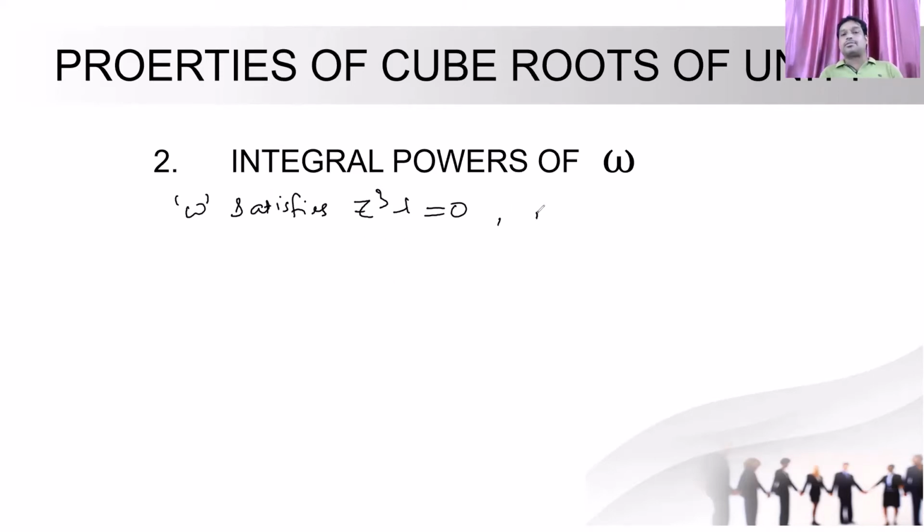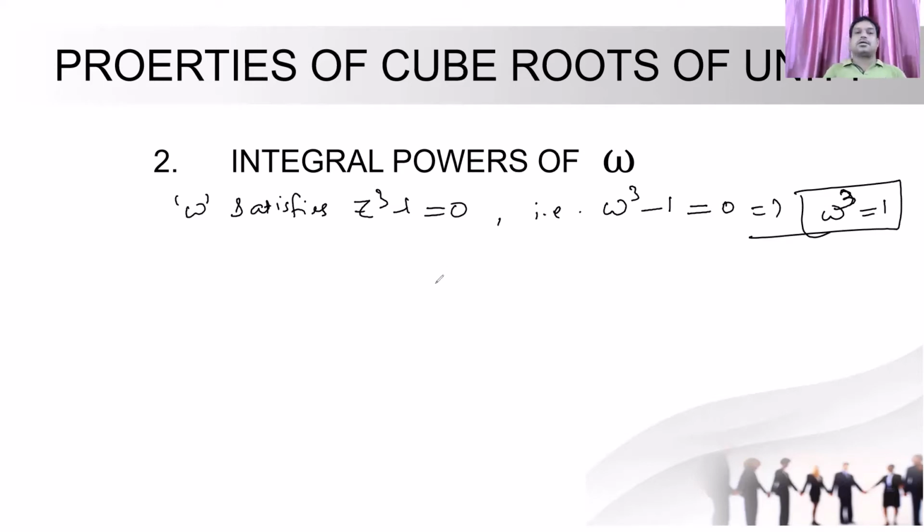That means if in place of z I write omega, then it's true. This implies omega cube equal to 1. This is the power of omega. So omega power 3 equal to 1.